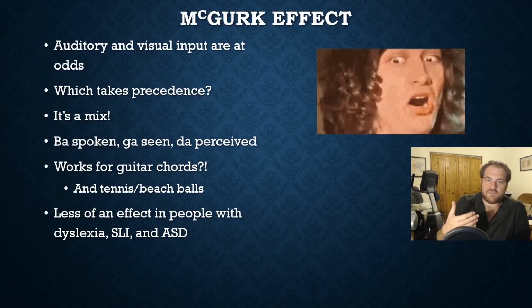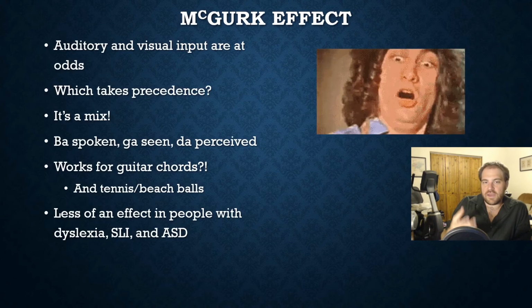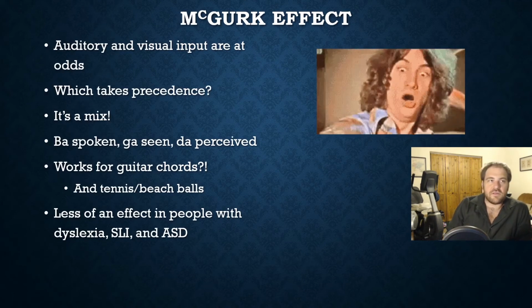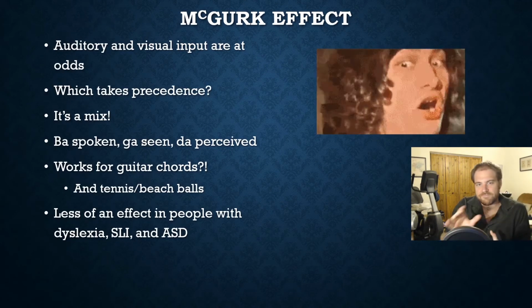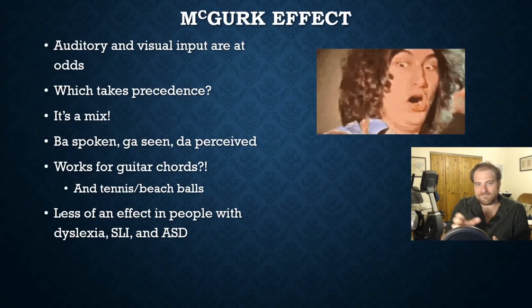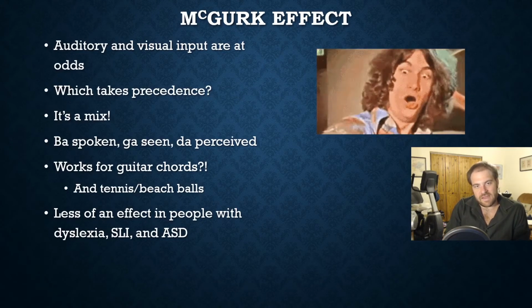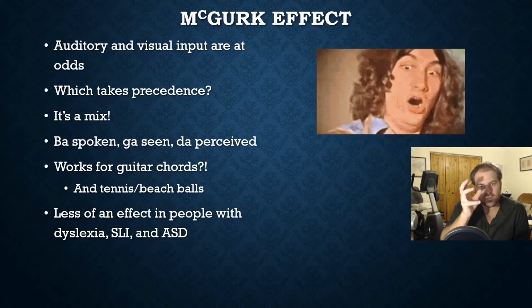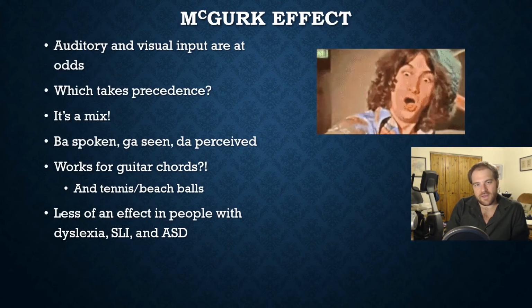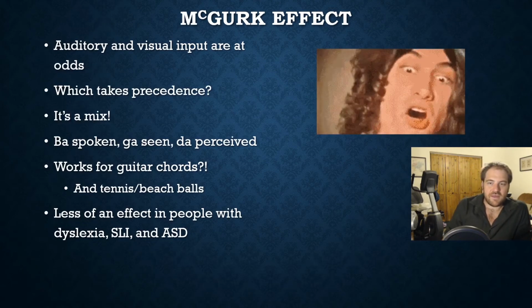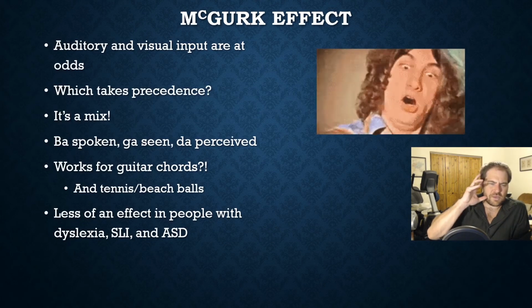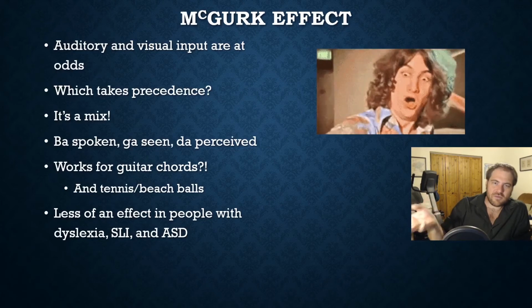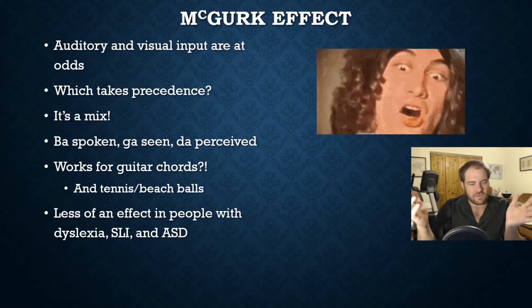So if you see a G, but I'm playing an A, you'll experience some sort of A flat kind of thing, right? If you are really good at knowing what chord is what just by seeing it, and you get audio input that doesn't match that chord, you'll kind of average the two.